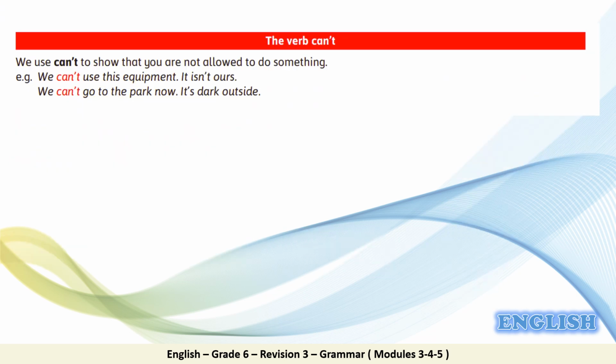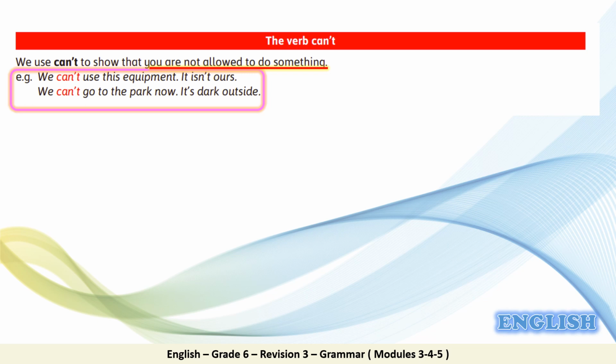For the verb can't, we use can't to show that you are not allowed to do something. It has nothing to do here with ability or inability. For example, we can't use this equipment, it isn't ours.